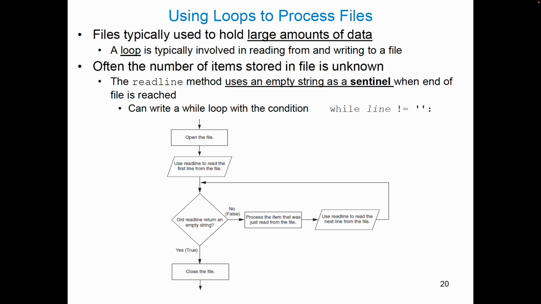For that, of course, we will use this readline method, which reads the file line by line. Whenever I call it, it will give me the next line. It has this sentinel value. What is a sentinel value? Do you remember?